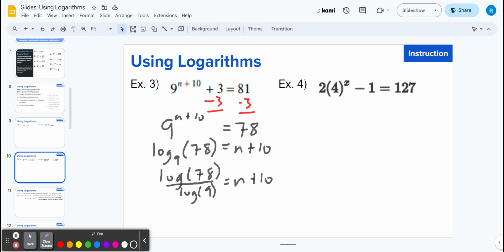And so we run that calculation, log of 78 divided by log of 9. 1.98 is our answer on the left, equals n plus 10. And we just need to subtract 10 from both sides to get our final answer for n. And we should get negative 8.02 equals n.